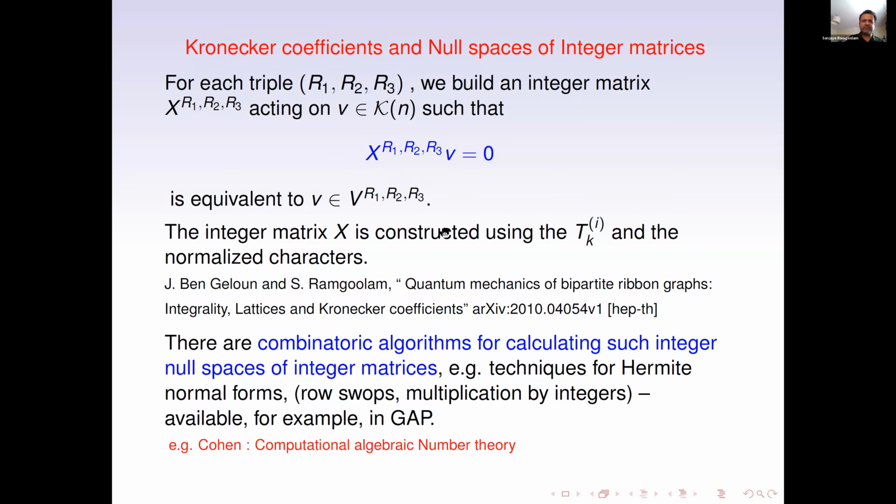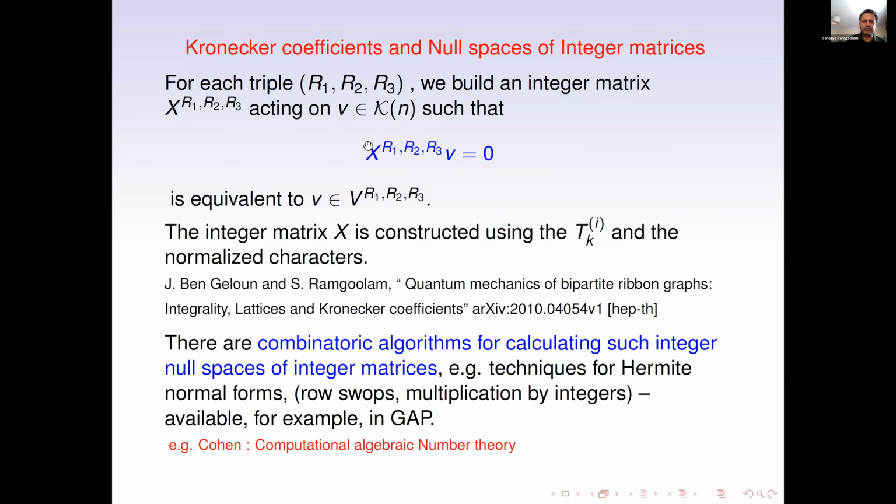So this integer matrix can be constructed, and then if you want to calculate that null space, you just have to find the null vectors of an integer matrix. It's a large integer matrix, so it's not an easy thing to do.